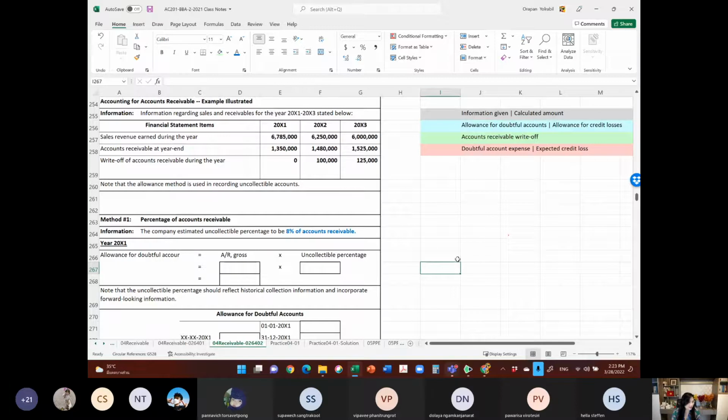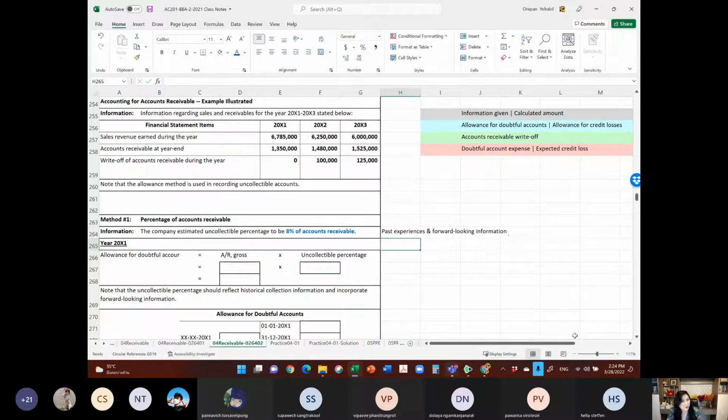So if that's the case, then even though the past experience is 7.5%, you can increase it to 8% if you think it's appropriate. So this 8% is from past experience, together with forward-looking information.